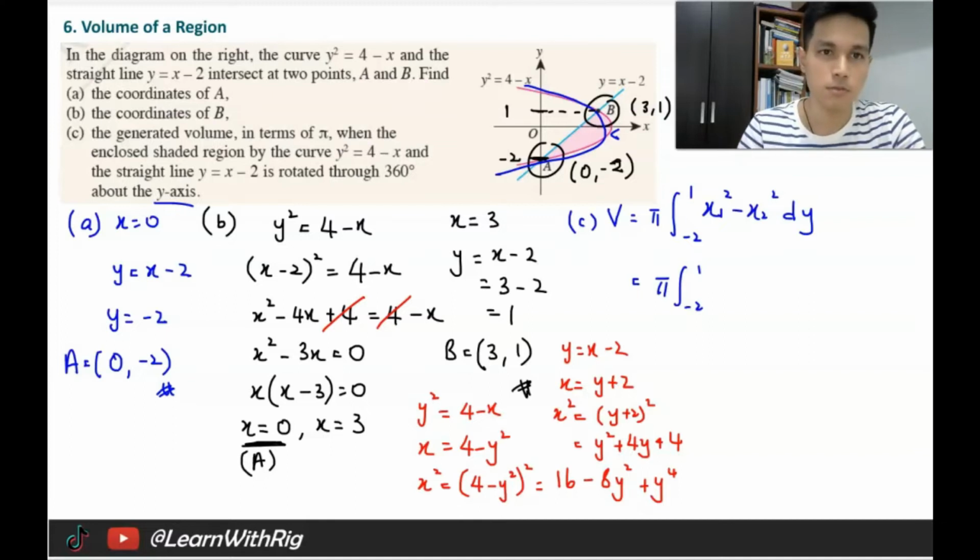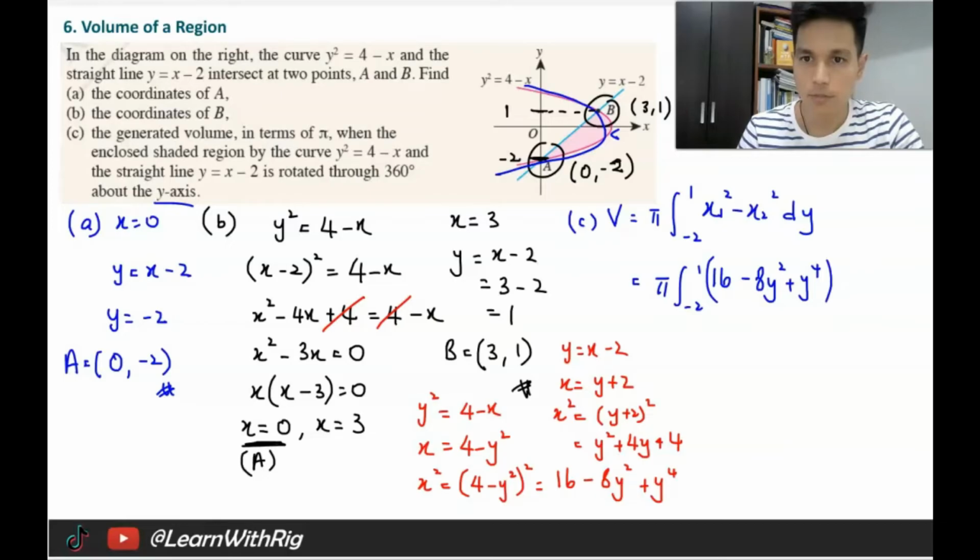Okay, so you've got these two equations now. You can straight away substitute into the integration part. x1 is the curve, right? You want to take the larger volume. So the big curve here is 16 minus 8y squared plus y to the power 4, and then you minus the volume of the straight line, which is y squared plus 4y plus 4, dy. Now you can simplify before you solve.